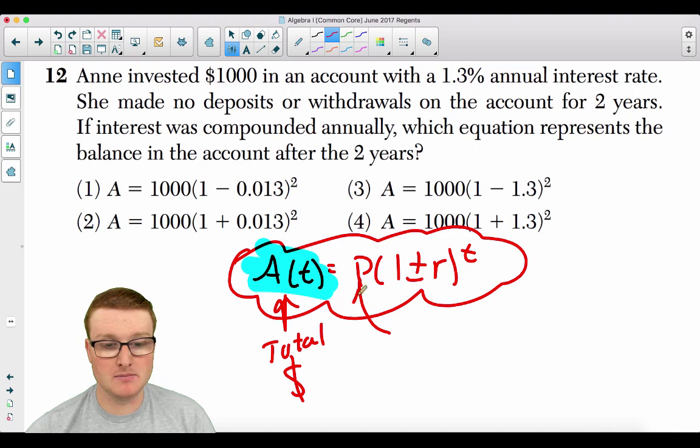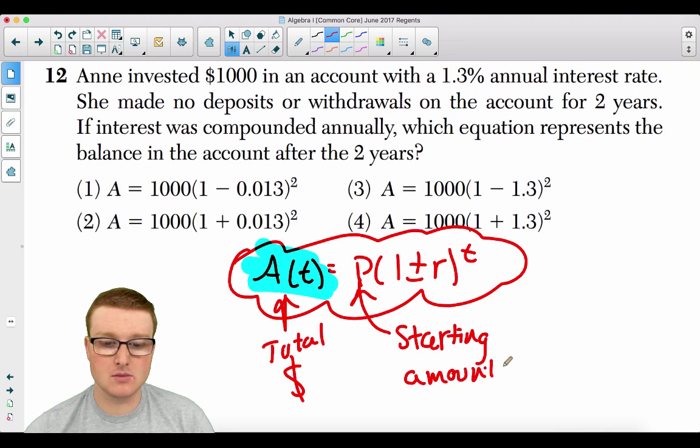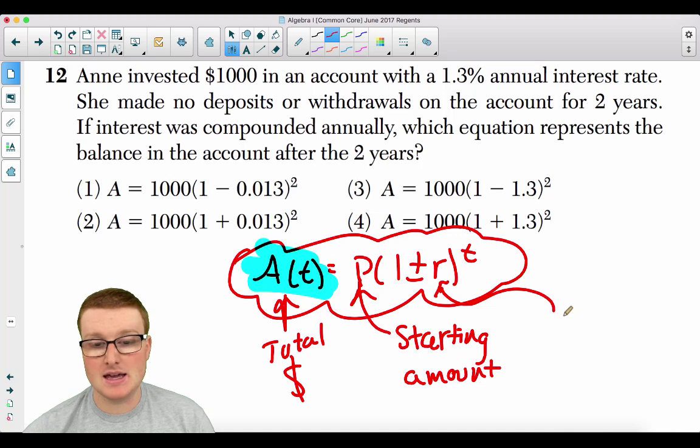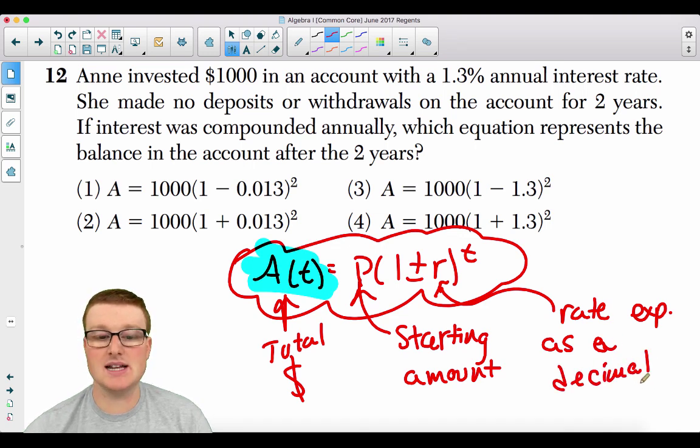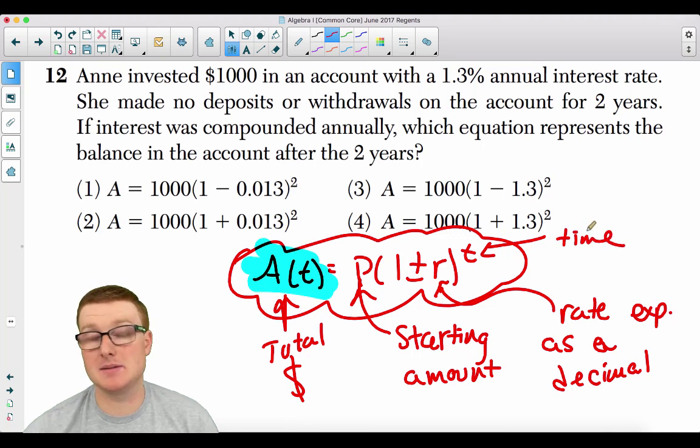The principal, which is your letter P, is the starting amount or the invested amount. The rate, or the R, is the rate expressed as a decimal. You can't put it as a percent, you have to put it as a decimal. And T represents the amount of time that's passing by.